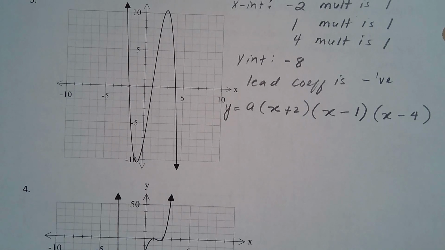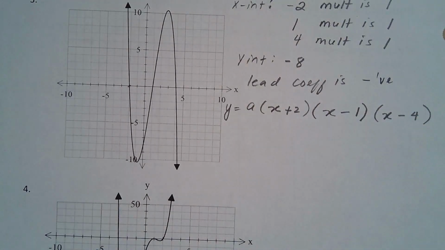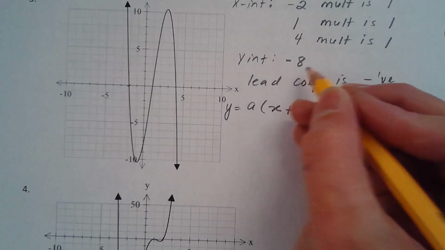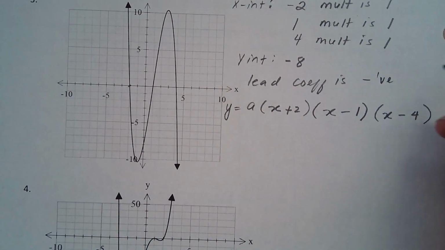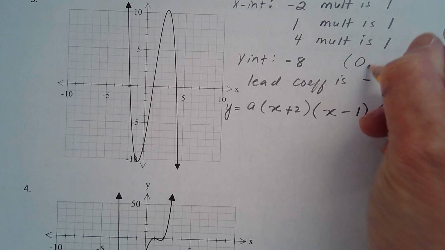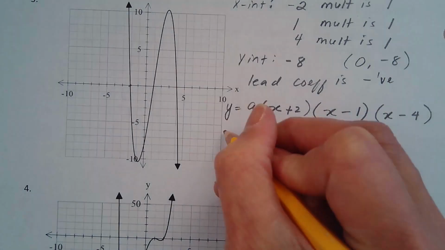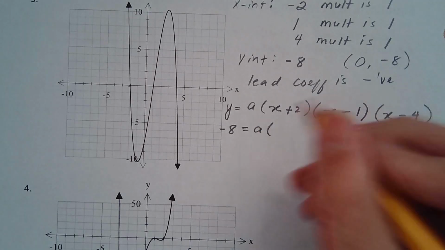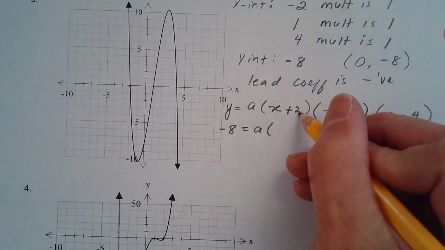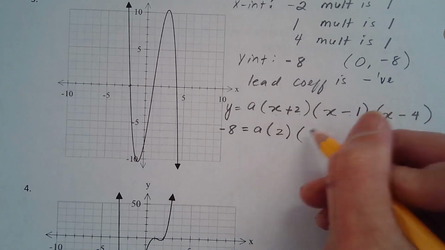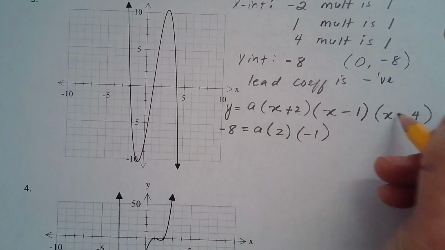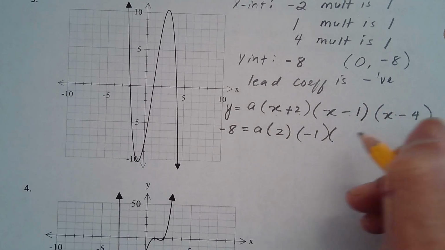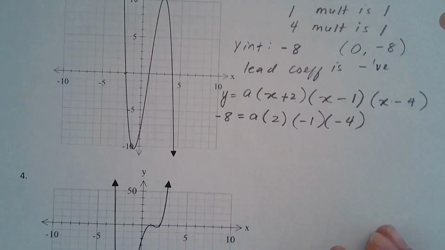Okay, so how can we figure out the A? Yeah, so we can use the 0, negative 8, right? We're going to use the 0, negative 8 point. So let's go ahead and do that. 0 plus 2, I'll just put 2. 0 minus 1 will give us negative 1. 0 minus 4 is negative 4.